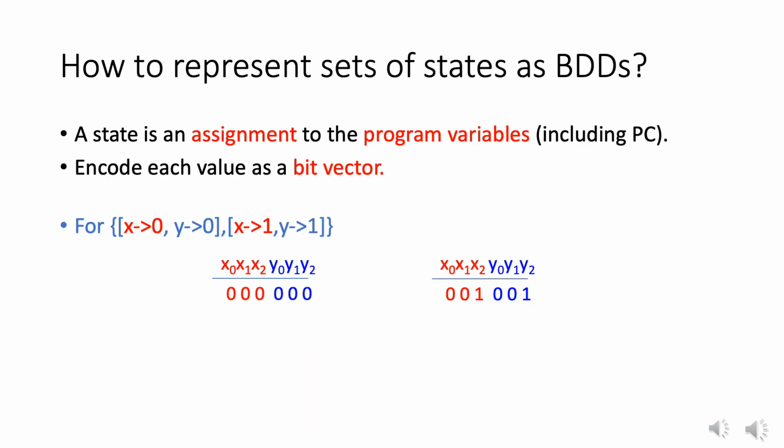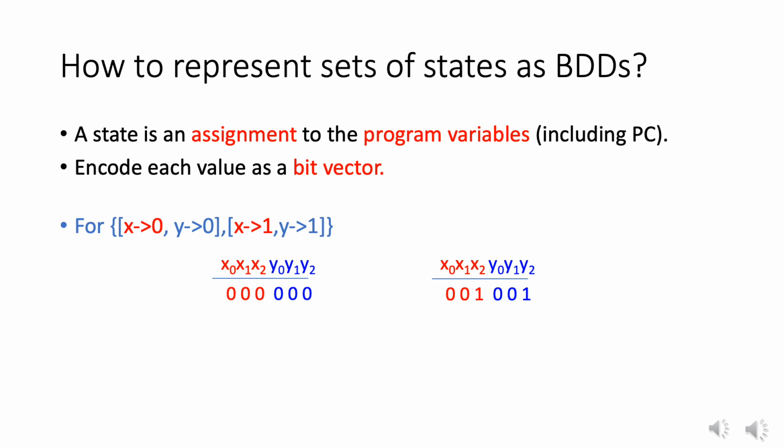We want now to represent states using BDDs. So a state is an assignment to the program variables, including the program counters. So we encode each value as a bit vector, and if we have several variables or several values in the assignment, then we concatenate the bit vectors.